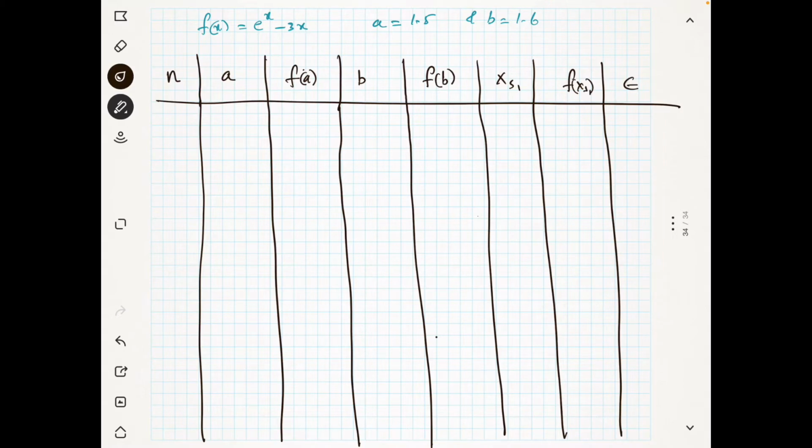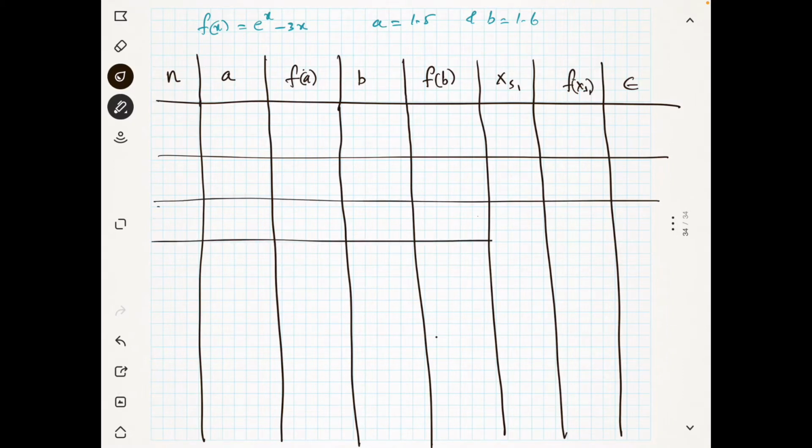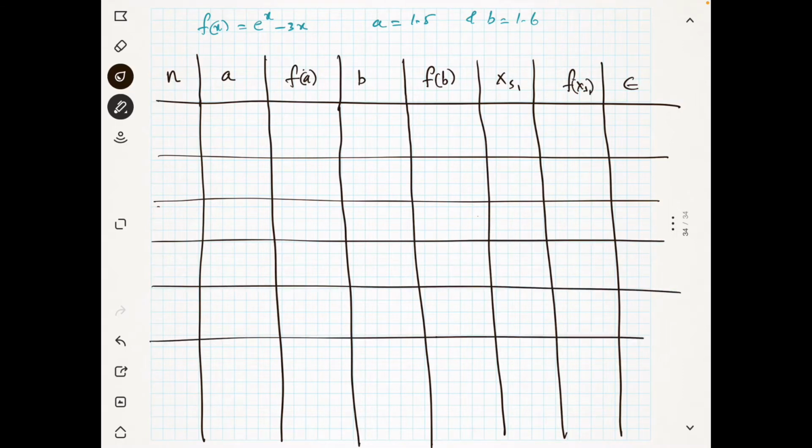Okay, now we will talk about the first iteration, then second iteration, third iteration, fourth iteration, fifth iteration, and the sixth iteration.